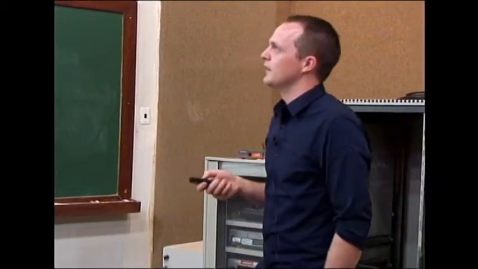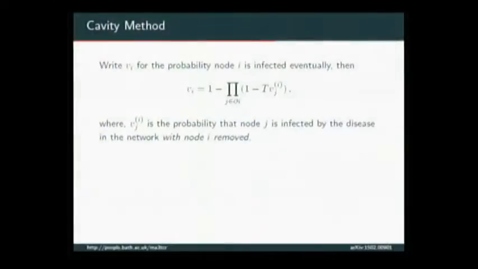So the idea is I'm going to write V_i for the probability that node i gets infected eventually in this process. And I can write an expression for V_i as a function of what I call V_{j→i}, which is the probability of a node j being infected in a network where i was removed, right? So the justification is as follows.